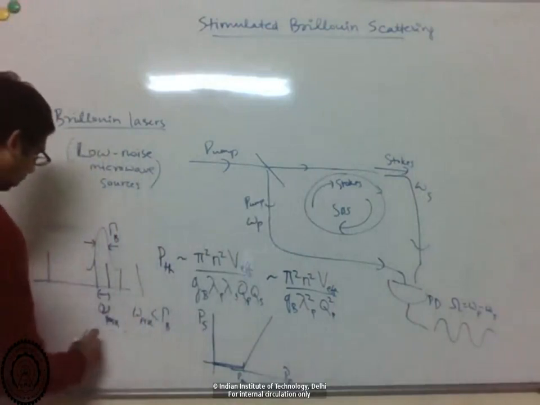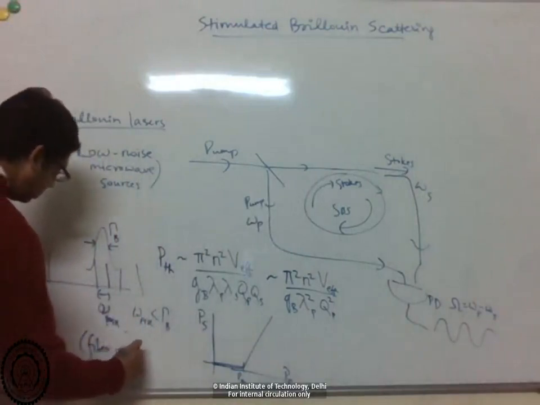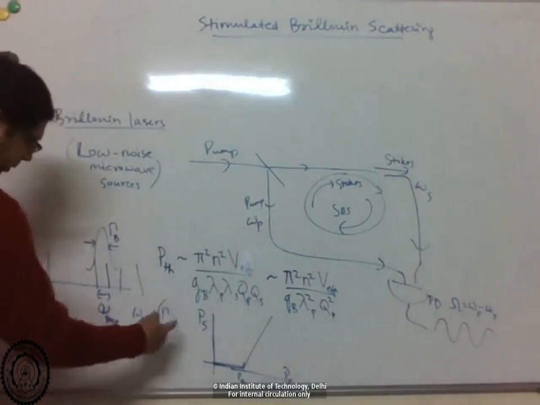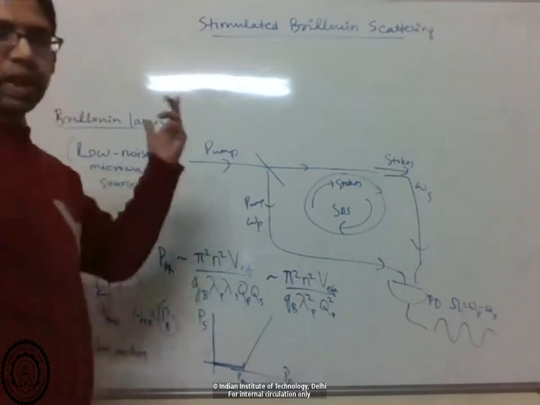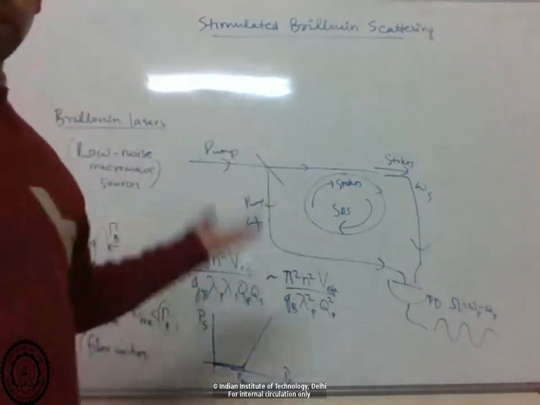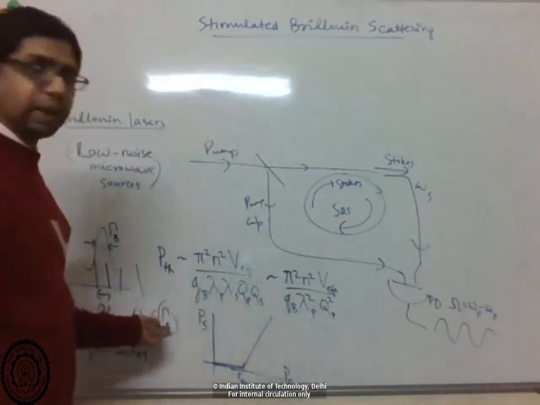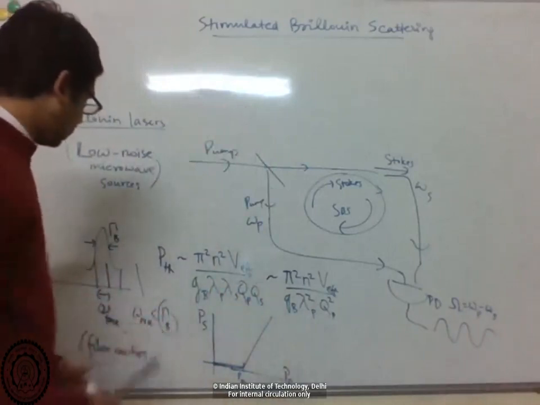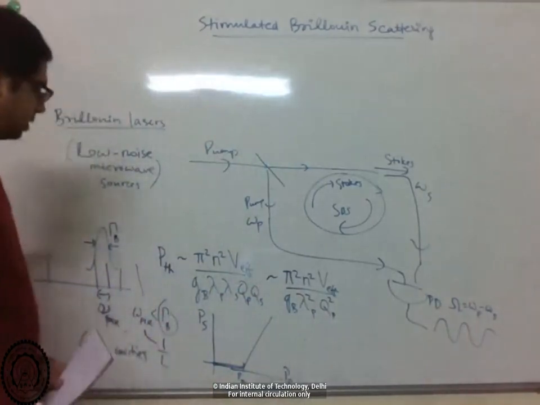This you can do for fiber cavities, because recall that this gamma_B is very small. For Raman we had this line width to be hundreds of gigahertz or terahertz, but here it's like 10 to 100 megahertz. And this FSR, recall, scales as 1 over the length.